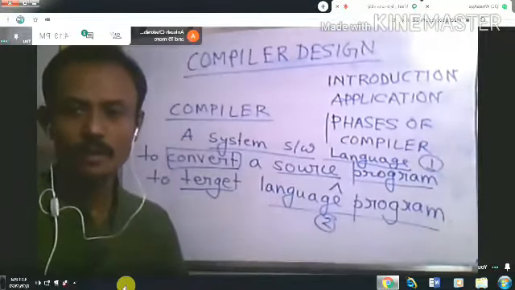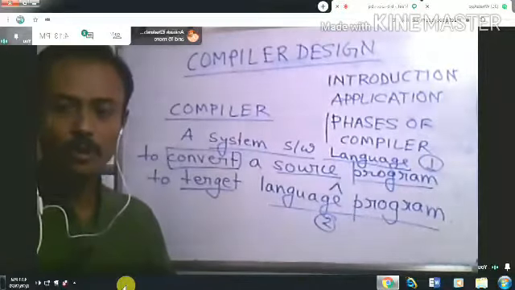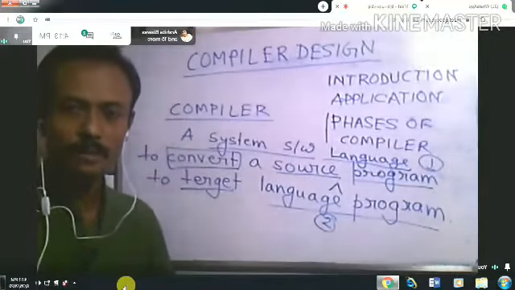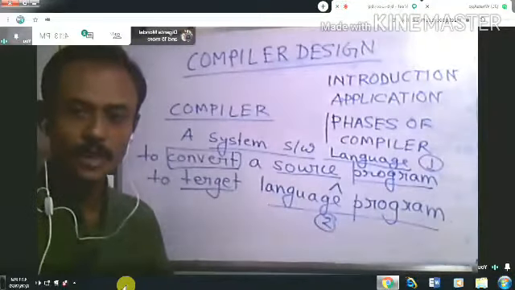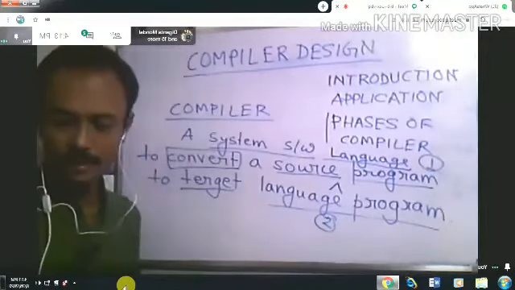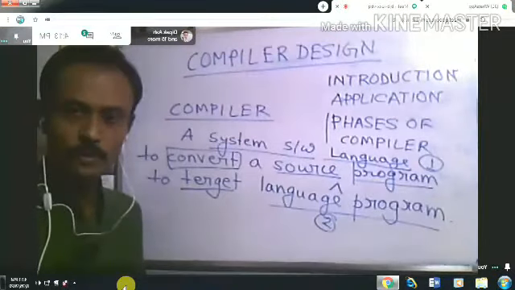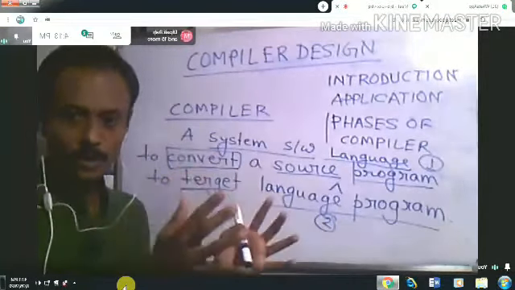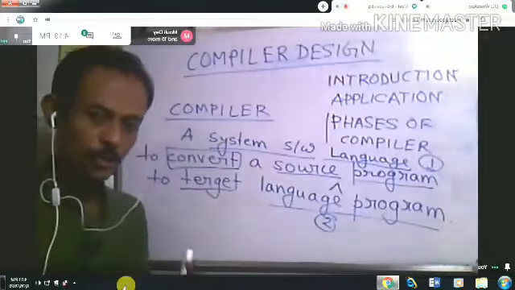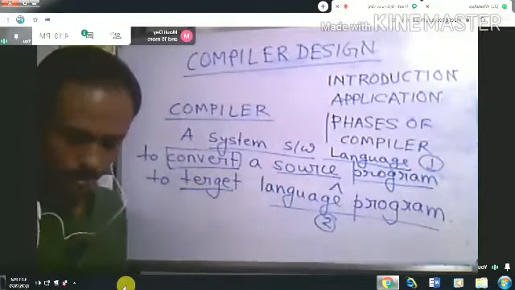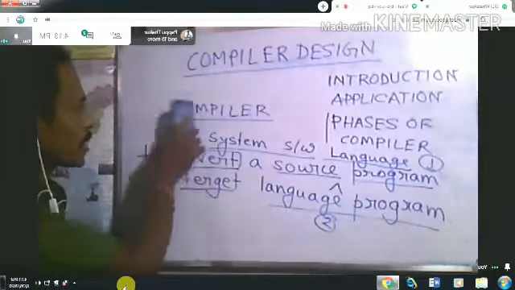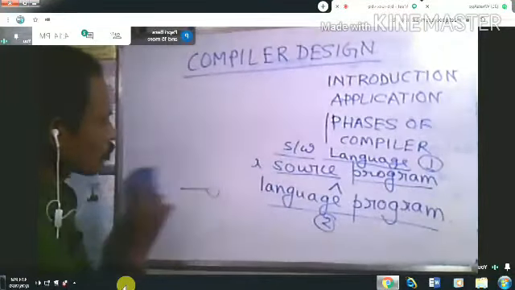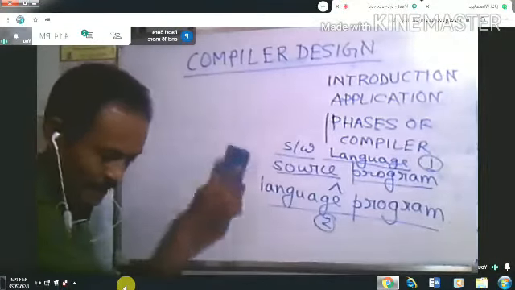Basically we are familiar with the compiler from C programming. When you study C programming or the fundamentals of the computer, we know this is called a translator. When one type of code is converted to another type of code, that is called a translator. So what are the different types of translators?